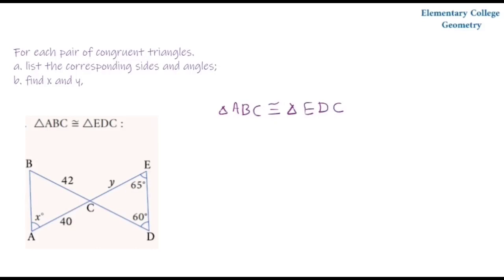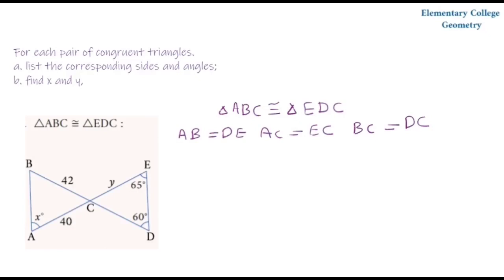So AB equals DE, AC equals EC, and BC equals DC.